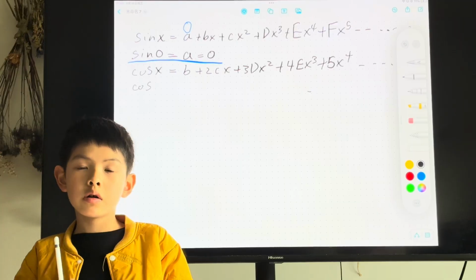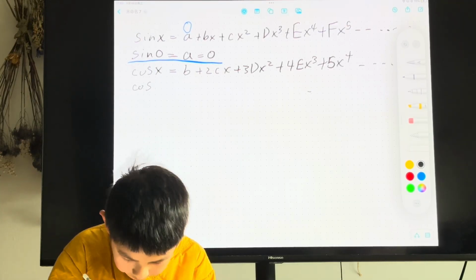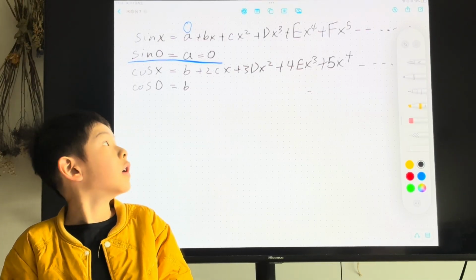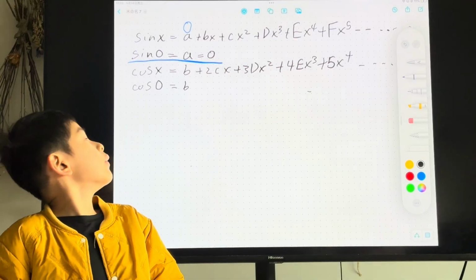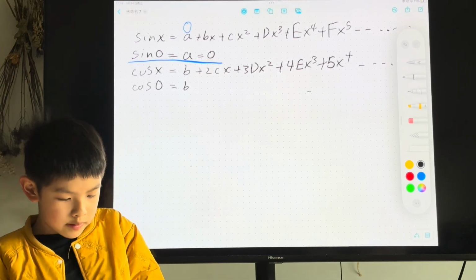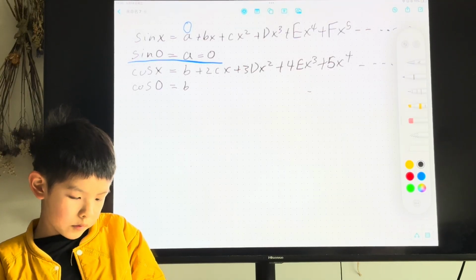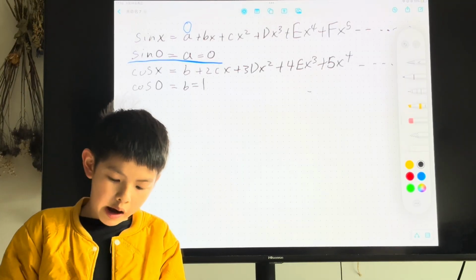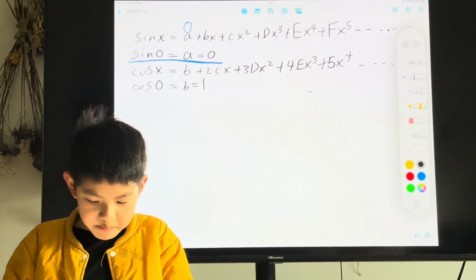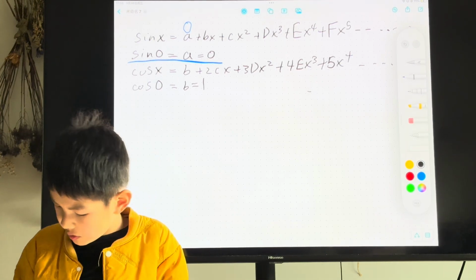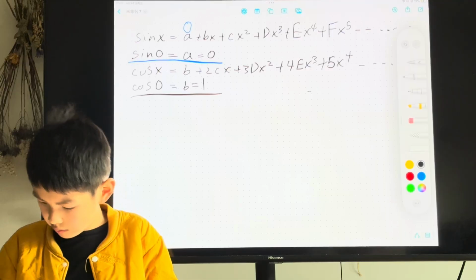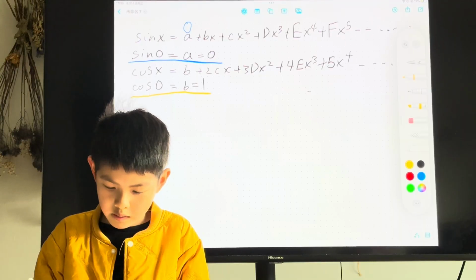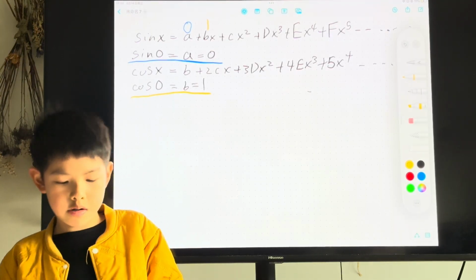We use the constant, sum and power rules. We plug in 0 for x, and on the left side we have cosine of 0, which is equal to 1, and on the right side we're only left with b because the other terms became 0. So b must equal 1.